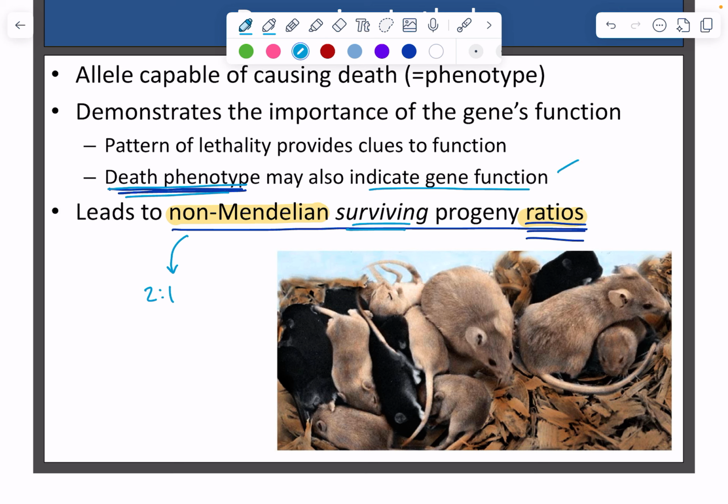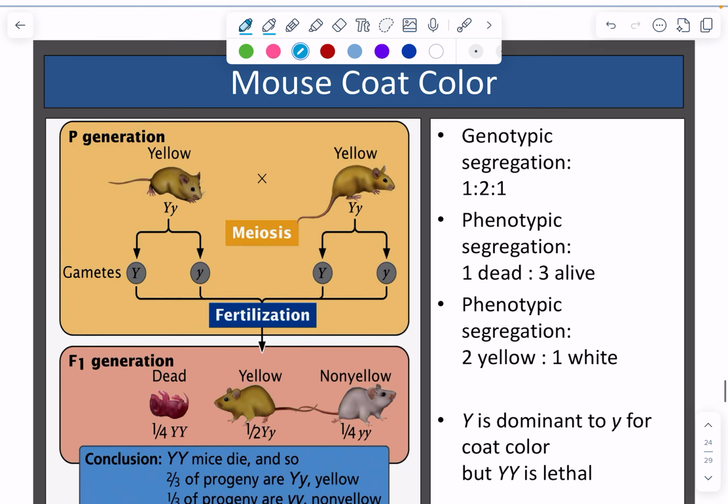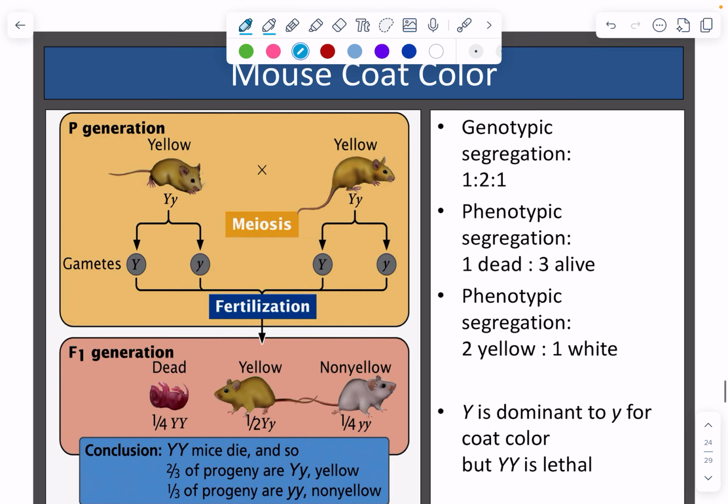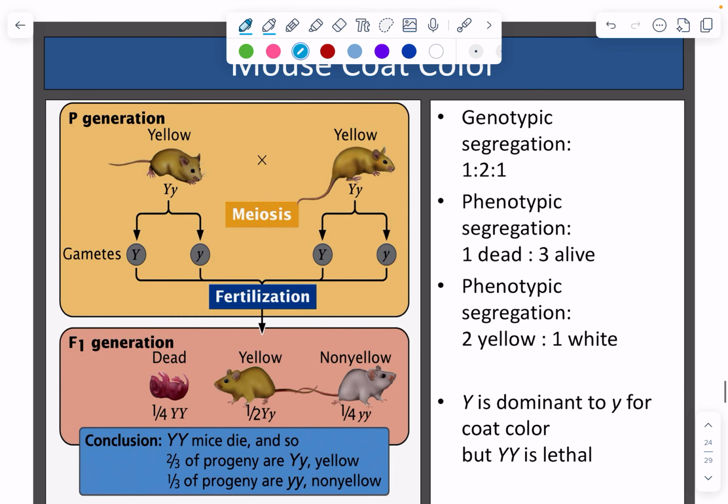That's saying, well, if we know it's a yellow mouse that's dying, then maybe yellow is coding for something else. So here you get genotypic segregation.